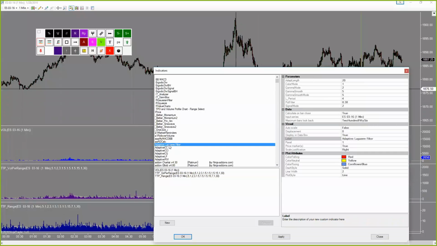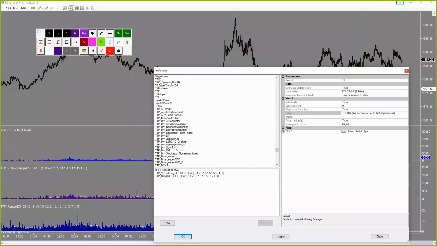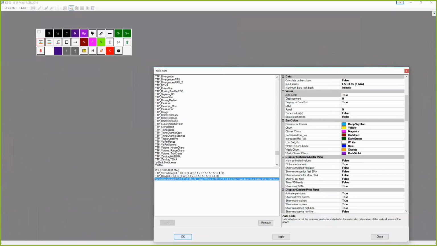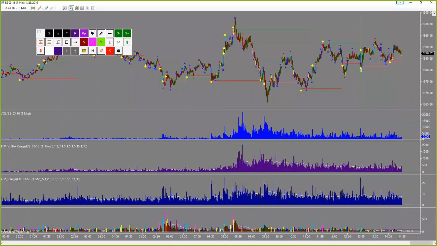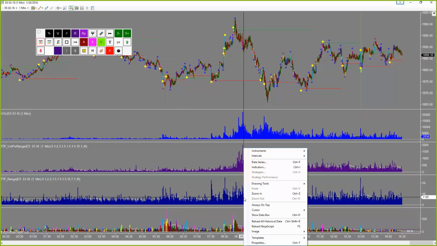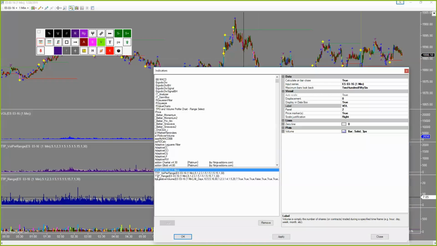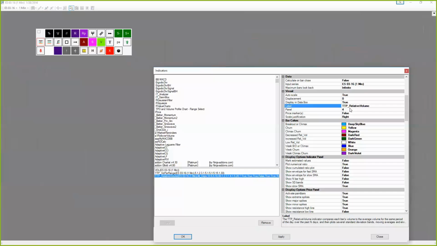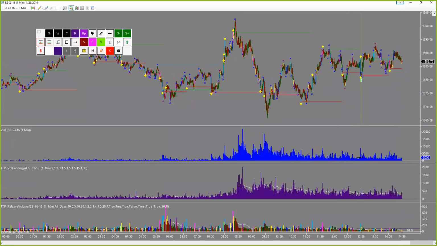So when I add on here the relative volume, you'll see what I mean about eliminating the seasonality and the variance between the sessions. Okay, so here's the relative volume. Let's get rid of the range, just so we have a little bit more room. Okay, so let's put that on top.